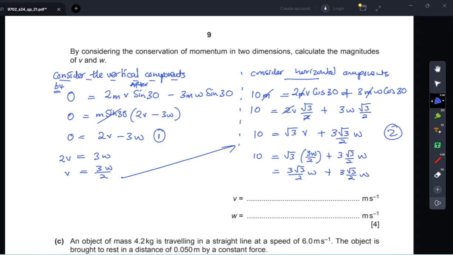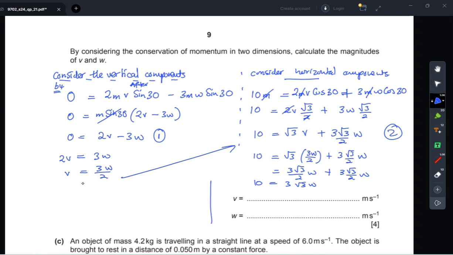So that means it's 3 root 3 over 2 times 2 actually, so we get 3 root 3. So 10 is equal to 3 root 3 w.